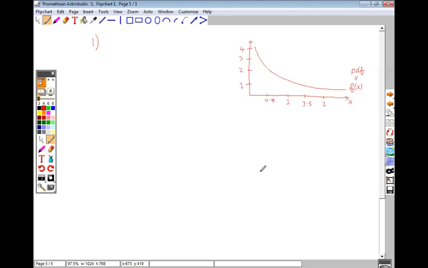All right. My first question is the probability that the next car passes in 10 minutes. Does anyone know how you will figure this out?